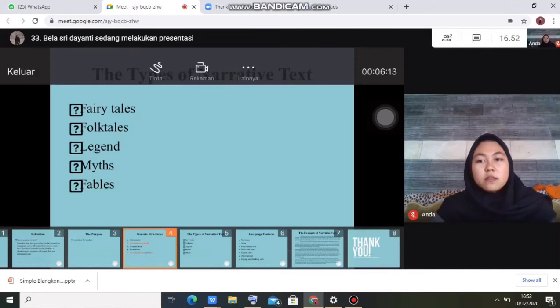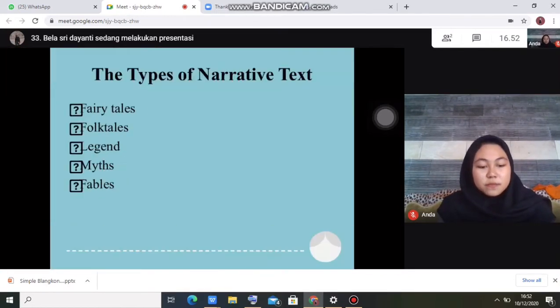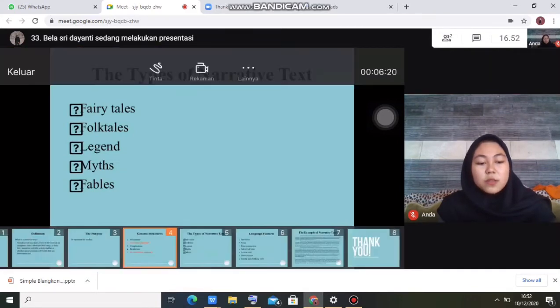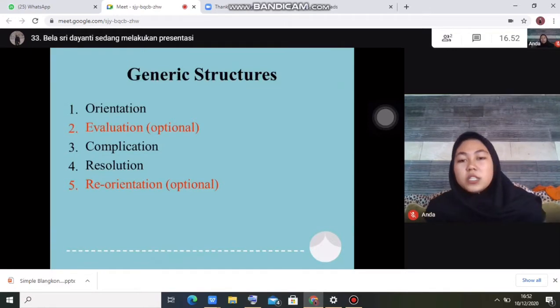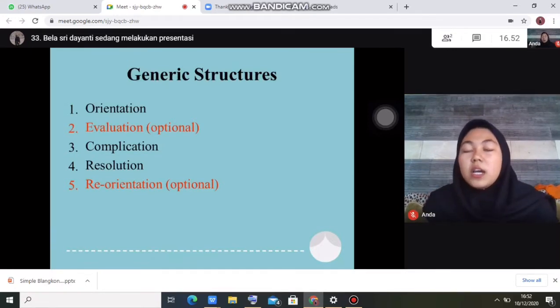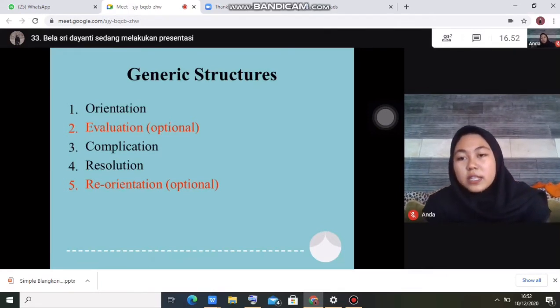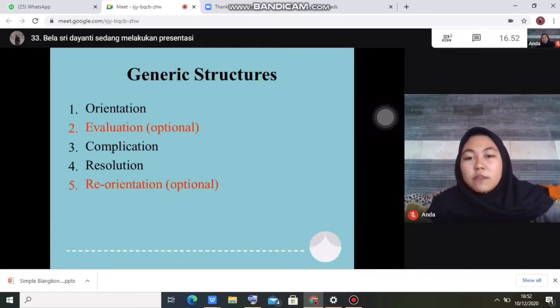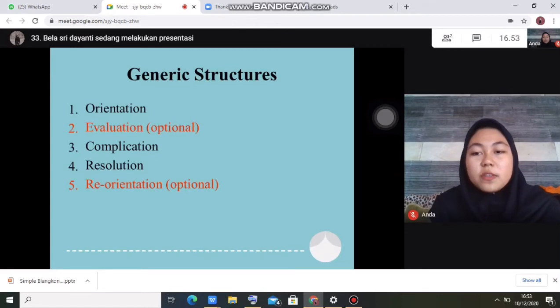Orientation is introduction, the character, place, time of the story. Second is evaluation. Evaluation provides an assessment of the situation and condition of the story.